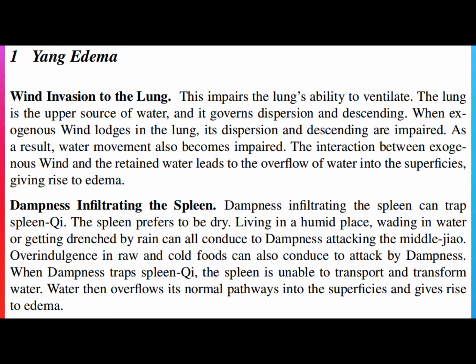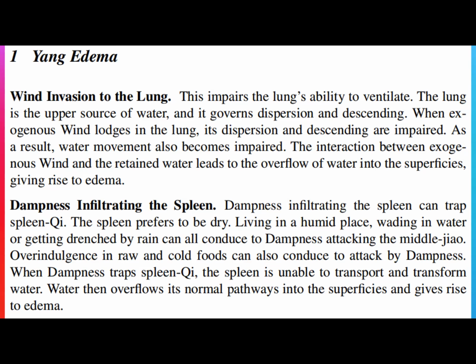Now let's go to yang edema. Edema due to wind invasion to the lung. This impairs the lung's ability to ventilate. The lung is the upper source of water and it governs dispersion and descending.